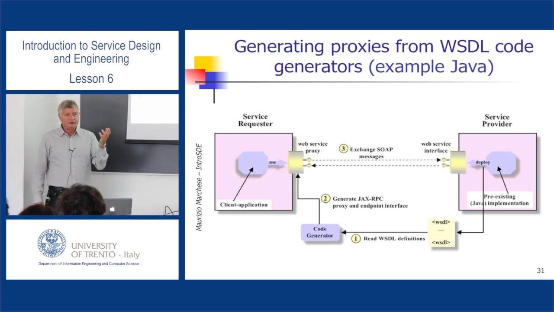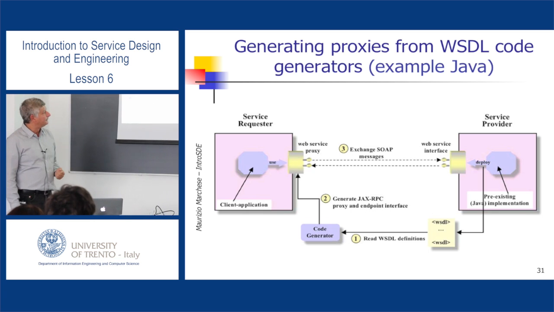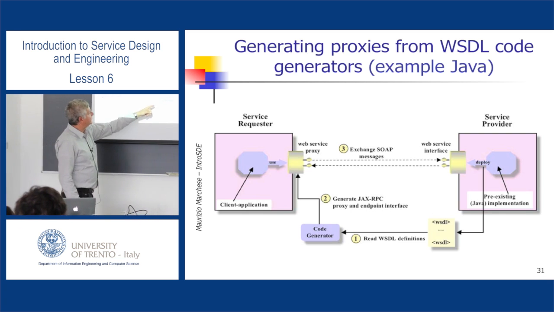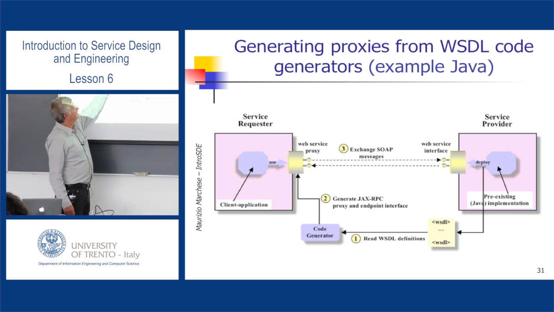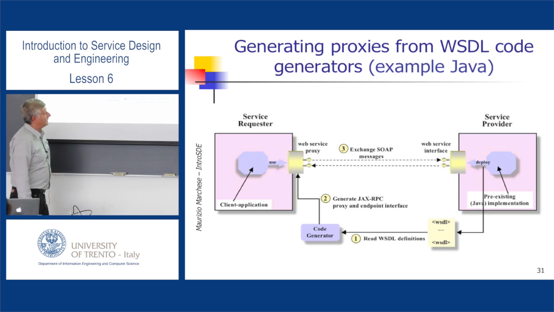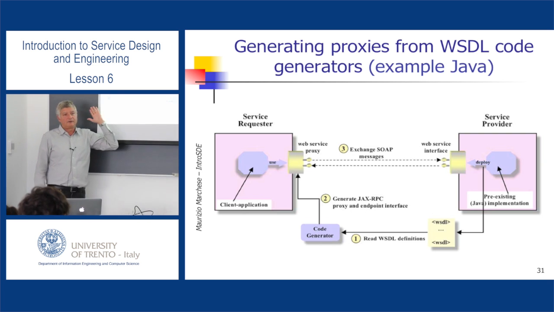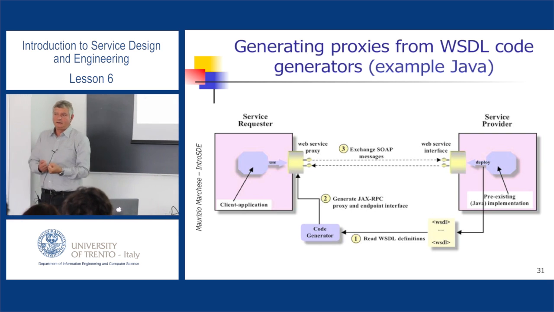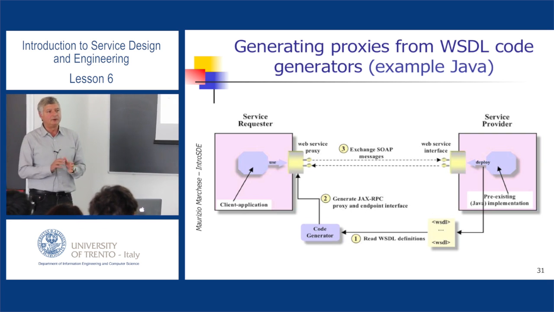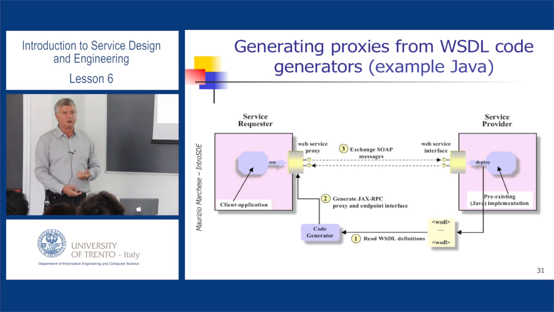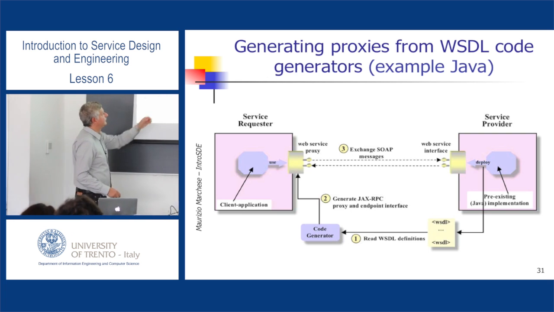Because since you know that this file is written in this particular protocol, you can write this automatic code generator that generates the stub on the client side. At this stage, from the client application, at design time, you can call this service as if it was really local, because you have this proxy.